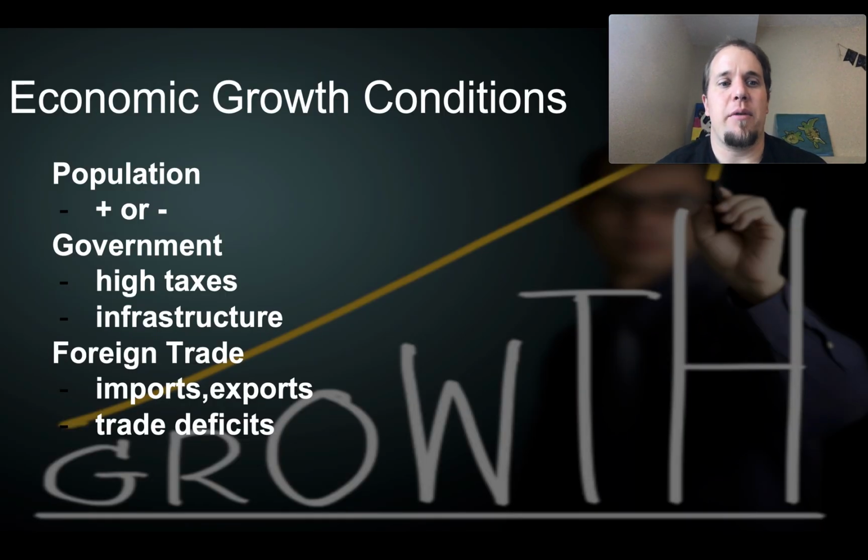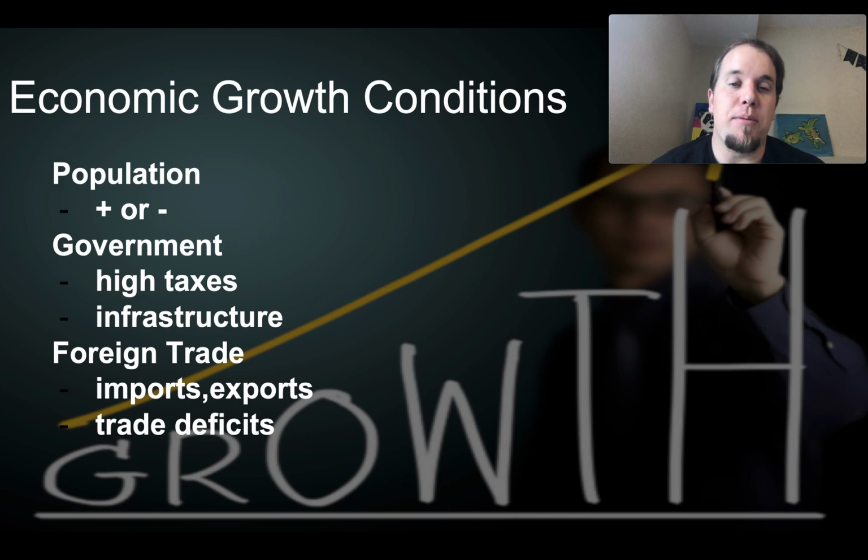Other conditions that we find: population, government, foreign trade. Just because an economy has a high population does not necessarily mean there's going to be growth. If we use the country of India as an example, and this is a current statistic that I found, 1.25 billion people live in India.